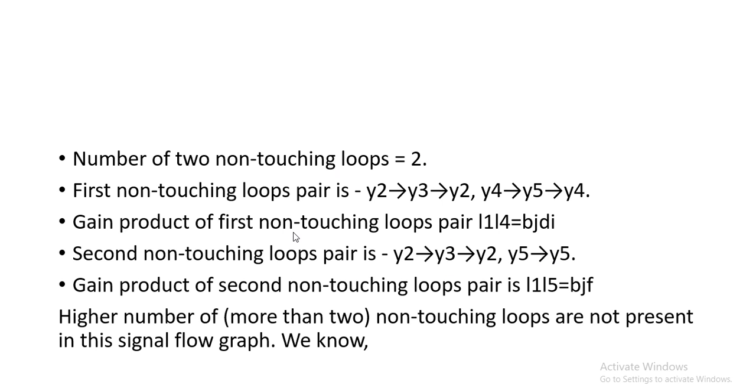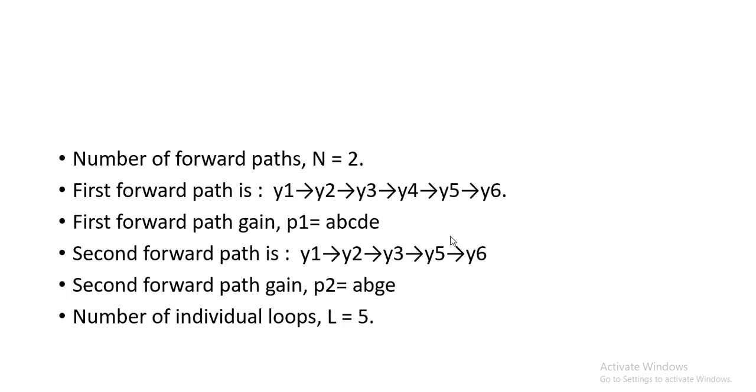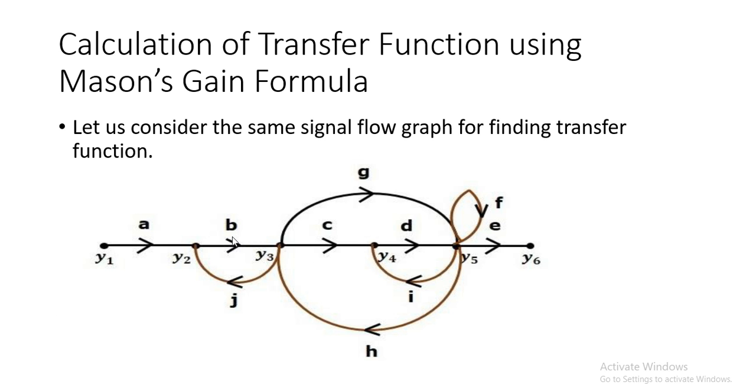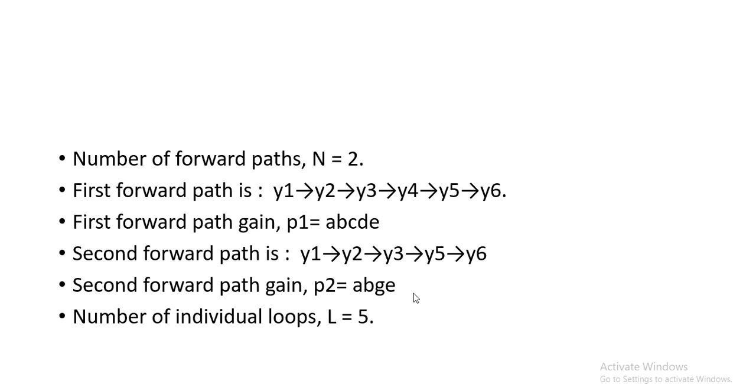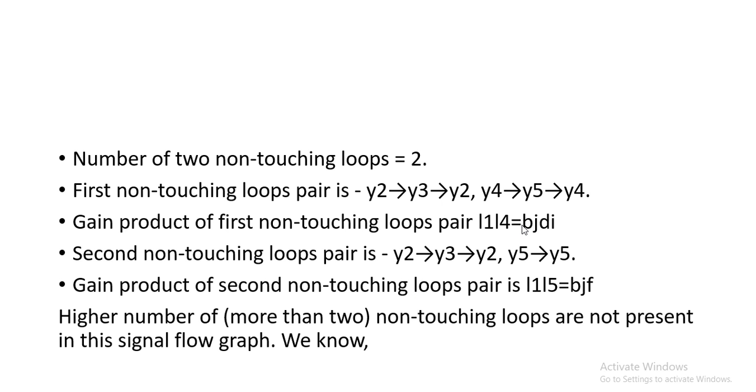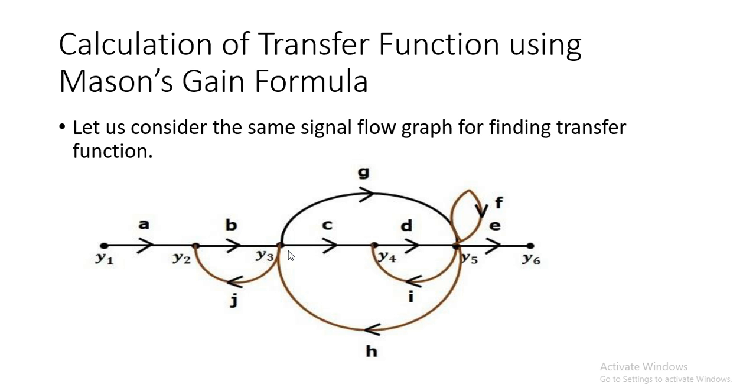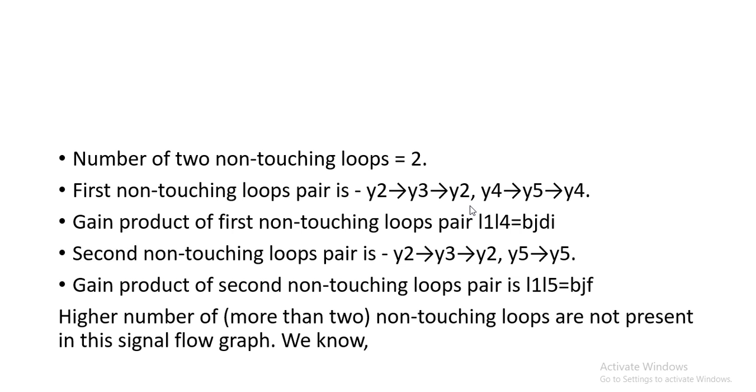Now we have to calculate the gain product of the first non-touching loop pair. It is bj into di. Similarly, the gain of the second non-touching loop pair is bj into f.